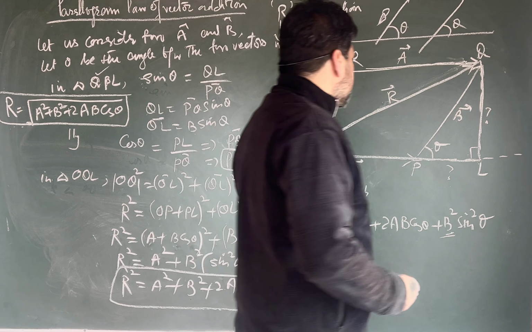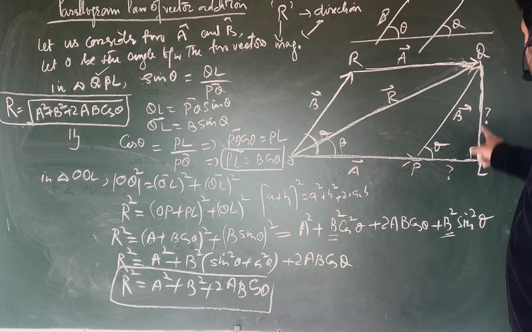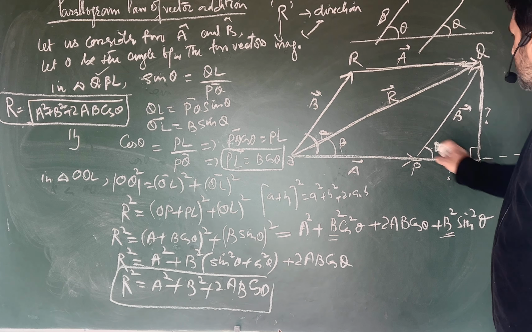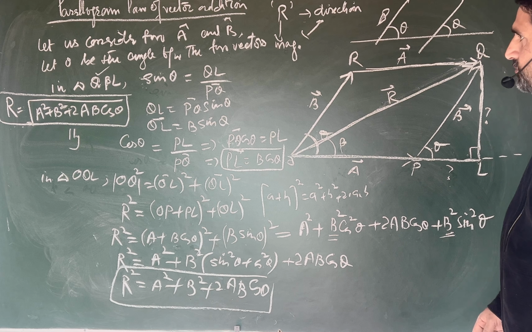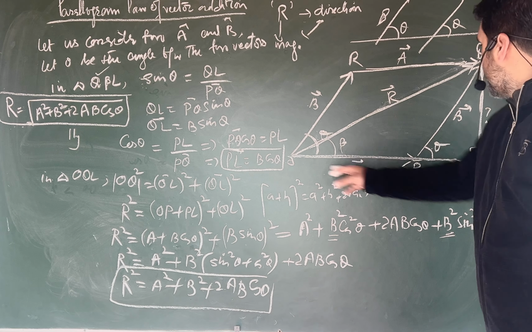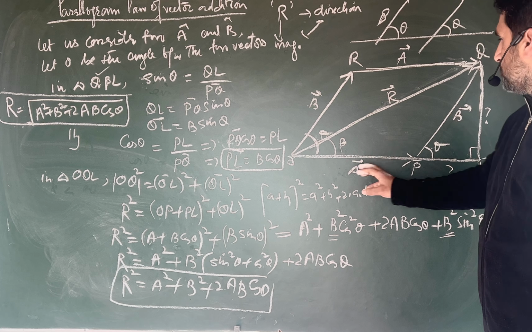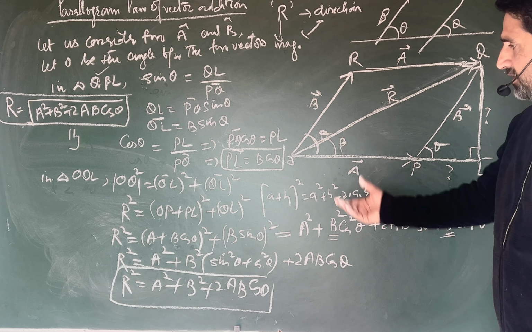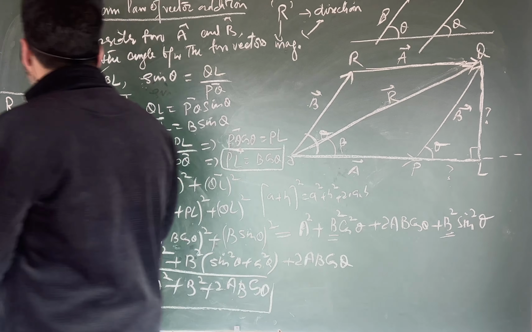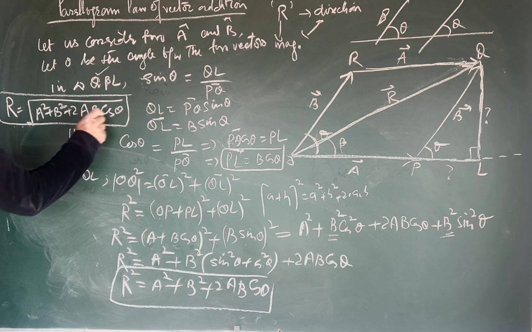Then from this bigger right angle triangle, you can calculate R using the Pythagoras theorem, that is base square plus perpendicular square is equal to hypotenuse square. Then you substitute the respective values and you will get the result that R is equal to the square root of A square plus B square plus 2AB cos theta.